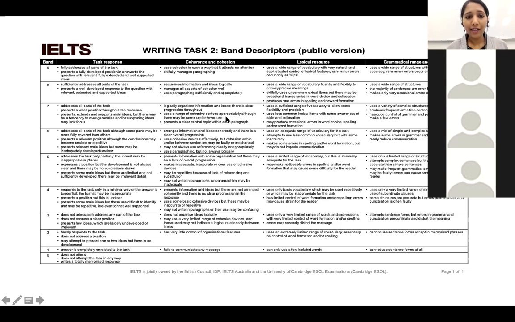The last one is the central topic within a paragraph. We saw this: each paragraph contains one central idea, and every sentence should be linked to the sentence before it. So you can use, for example, on the contrary. You express an idea and then you talk about the other side of the coin.